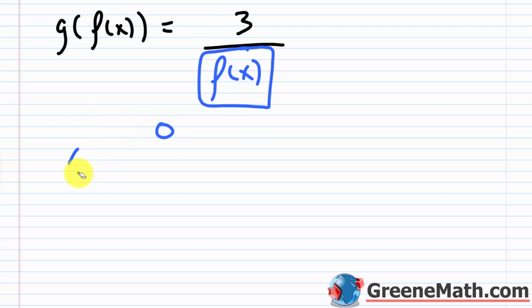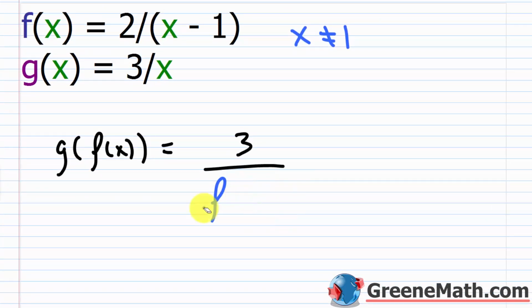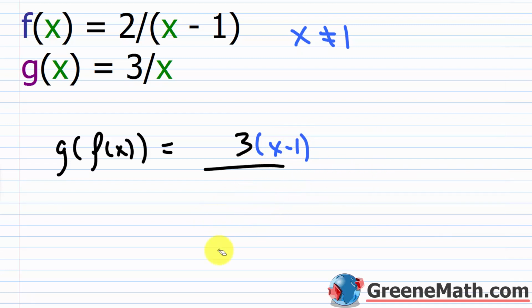So there are no restrictions on this newly created function, which is 3 over f of x, where f of x was 2 over x minus 1. We multiplied the numerator by x minus 1 and the denominator by x minus 1, and found that this was 3 times the quantity x minus 1 over just 2. So that's what we got.